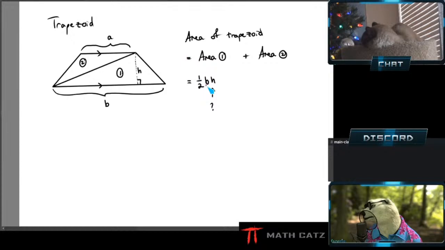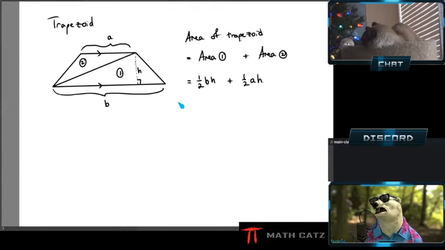Okay, that's fine. What about the area of the second triangle? Well, it's a little upside down. Its base is A, but its height from the base perpendicular up to the opposite vertex is still H. It has the same height.